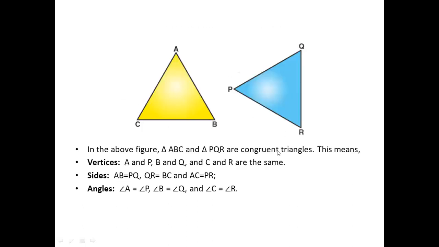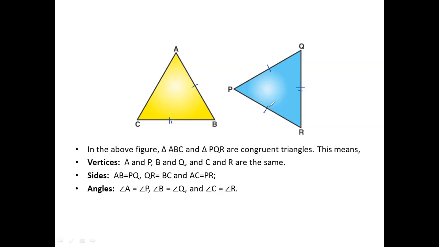So for example, here we have 2 triangles, ABC and PQR. We'll say that the vertices A and P correspond, so A is the same as P, B is the same as Q, this one is just rotated to the left, and then C is equal with R. So we will see that the side AB is equal to the side PQ. So let me write it down. This side is equal with this side. Then this side here, QR, is equal with BC.